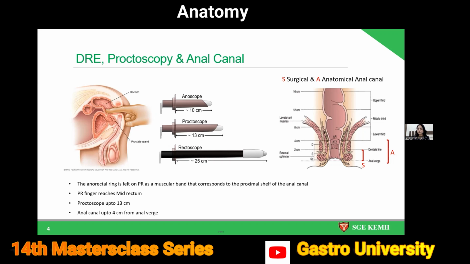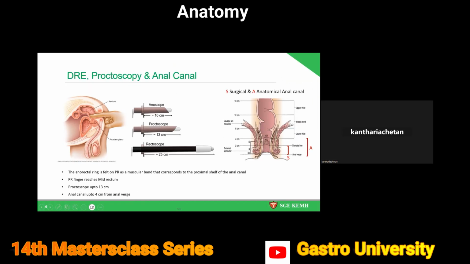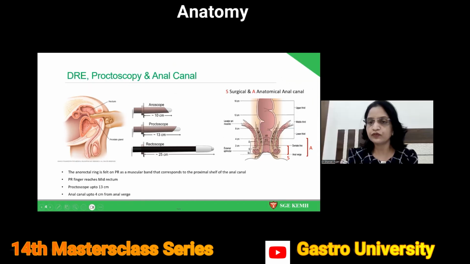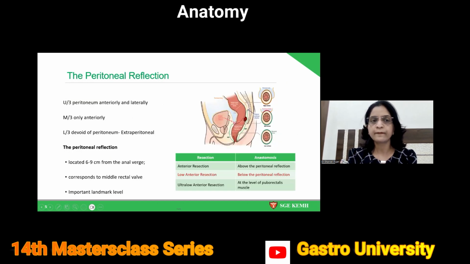Thereafter lies the anal transition zone, with the anal columns, the anal glands and the mucosal folds, at the end of which is the dentate line. The surgical anal canal, what surgeons consider, extends from the dentate line to the anal verge, whereas anatomists consider it from the anorectal junction to the anal verge.